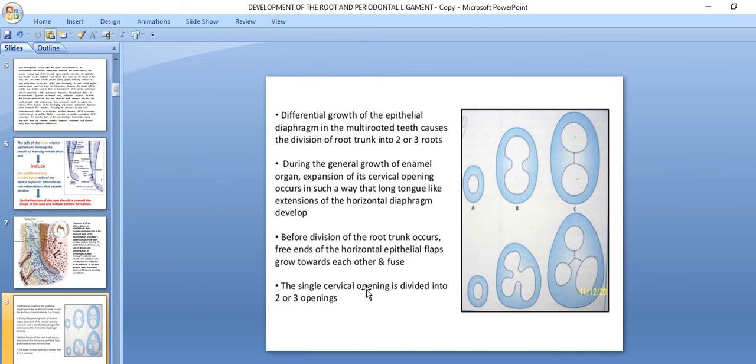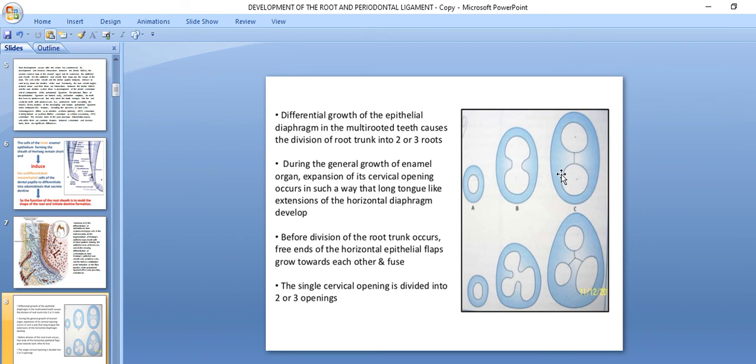Here you can see shelves from the margins of the root sheath that subsequently fuse near the center. Here you can see this fusion near the center of the root.